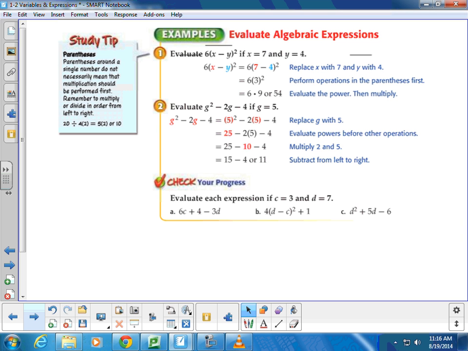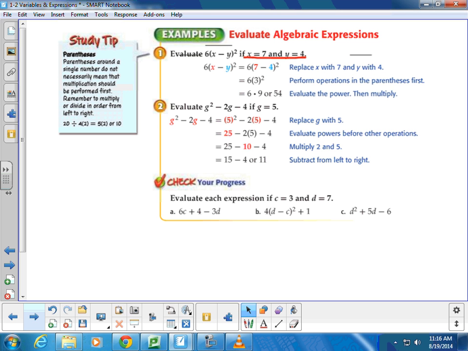Evaluating an algebraic expression goes through a couple things right there up on the top, and it shows you step by step what to do. This is when you're given values for the variables. The variables, if it's not set equal to anything, just like an expression, can be set equal to anything.